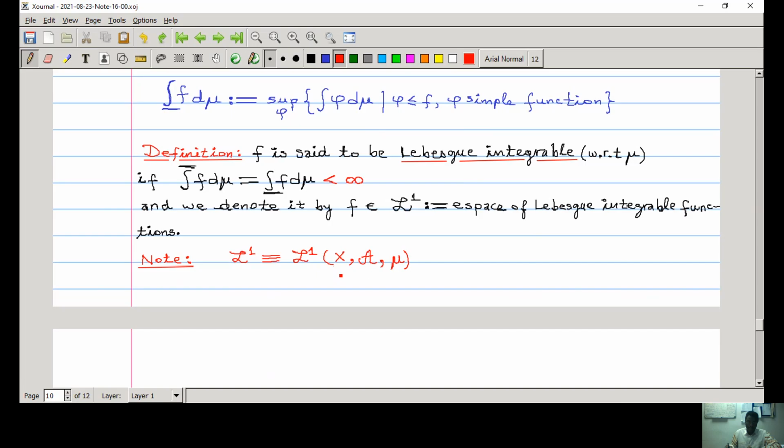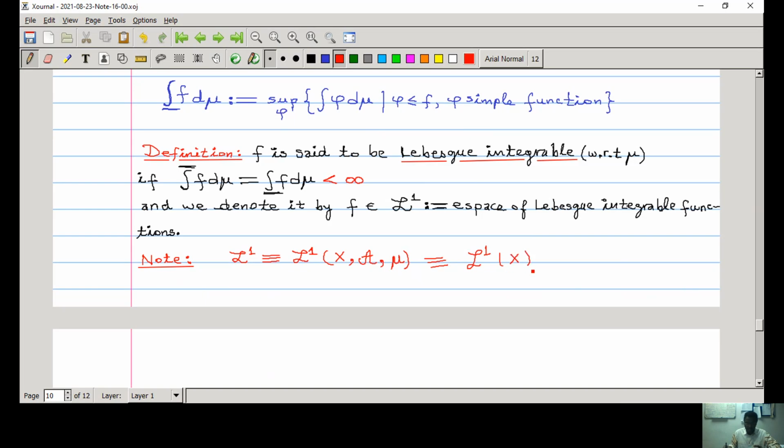So this is our measure space, right? So we will integrate over a measure space. But because this is long to write, we can just denote it by L1, or still we can also denote it by L1 of X. It's the same thing.